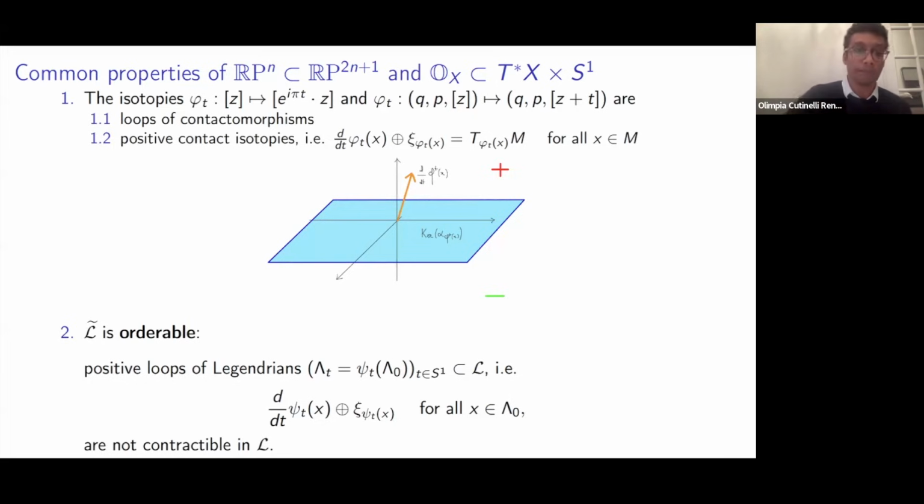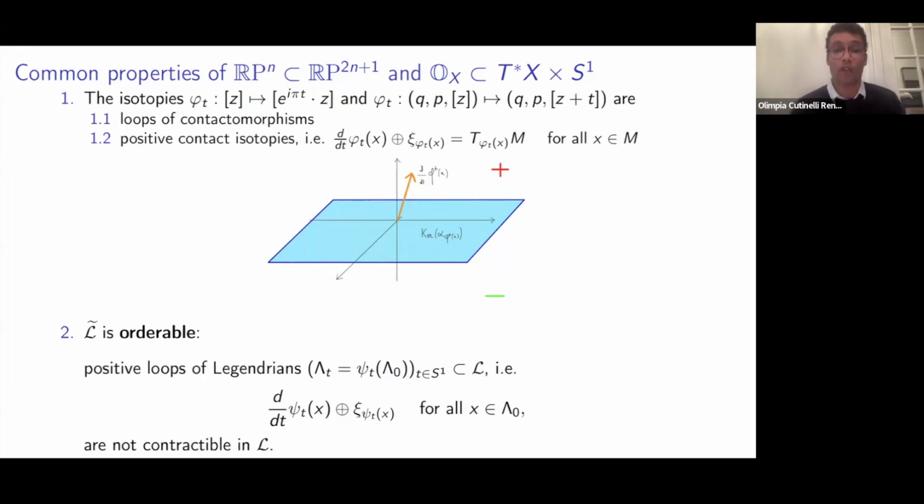More precisely, Eliashberg and Polterovich introduced a notion, and they called this kind of Legendrian space orderable. What it means to be orderable is that positive loops of Legendrians are not contractible. Again, a positive loop of Legendrians is a Legendrian isotopy whose speed is everywhere transverse to the contact distribution, and a loop means that it comes back to itself.